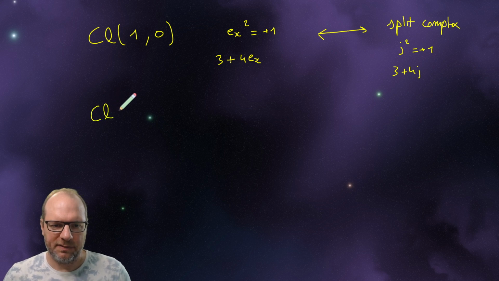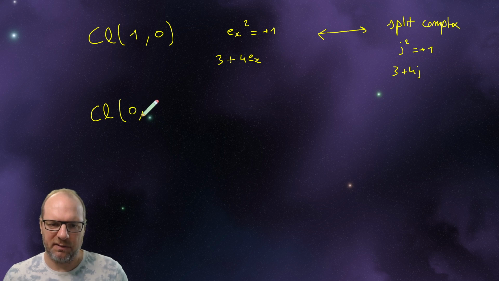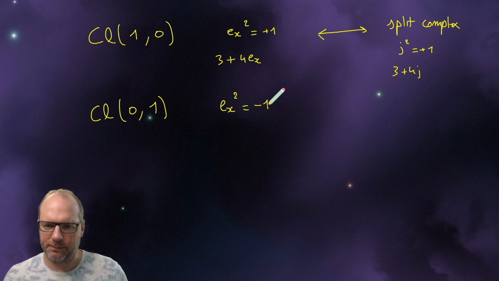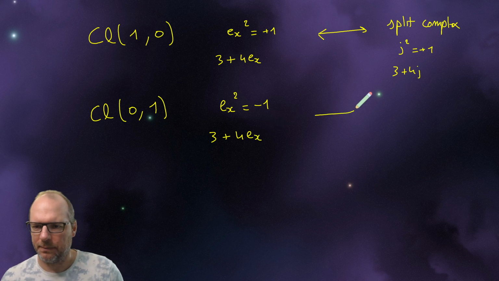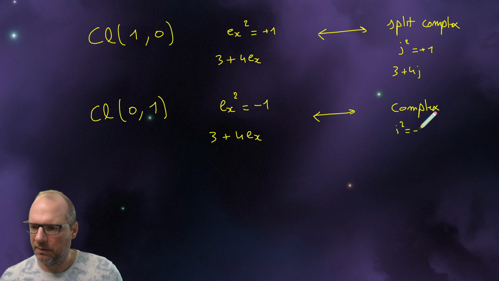The next simplest Clifford algebra will have 0 positive elements and 1 negative element. So we have just one new symbol that squares to -1. For example, 3 plus 4 e sub x is a number, but we understand that this is a complex number because the new symbol squares to -1, like in the complex numbers.